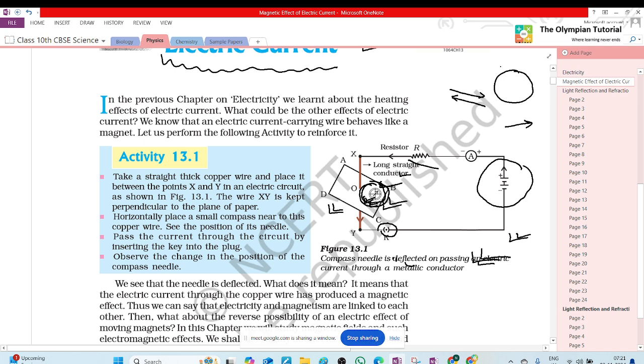This is due to the magnetic effect of the earth, because the earth also shows a magnetic effect. And here it is moving, which means there is something producing a magnetic effect. That's why it is getting deflected.